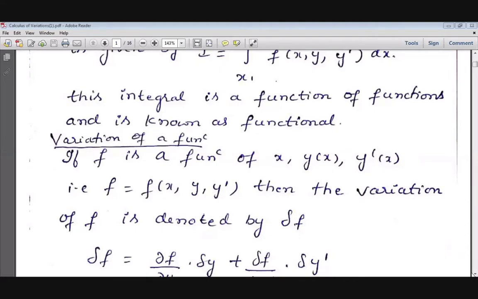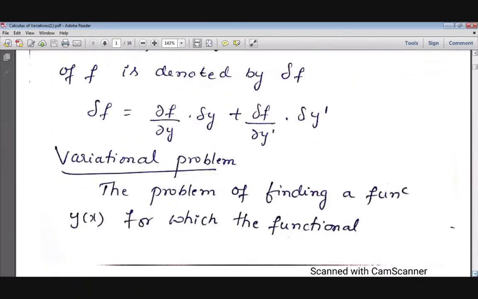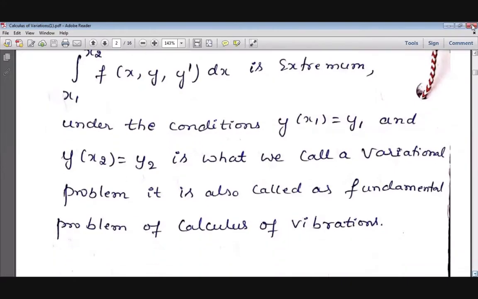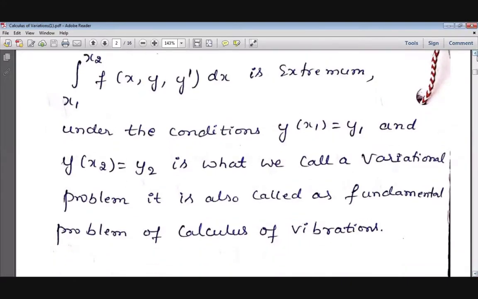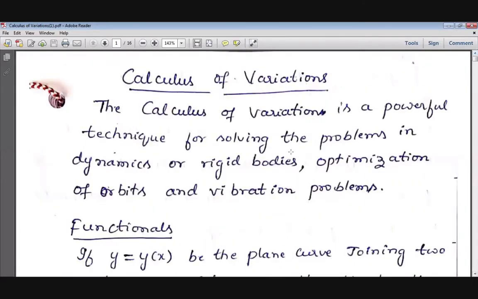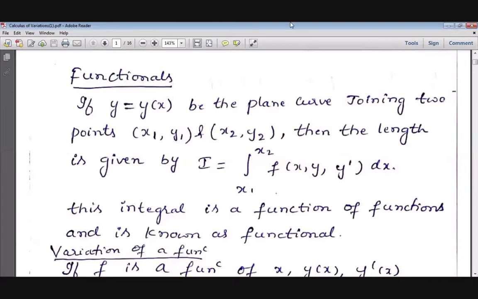Variation of function. Okay, that is the functional. I think you understood what a functional is. In that, we took set A and set B to show the functional.